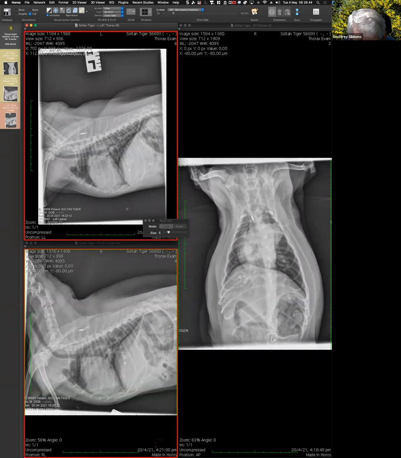Okay, yeah. How are you going to use that information? Are you going to conclude that there is hepatomegaly?